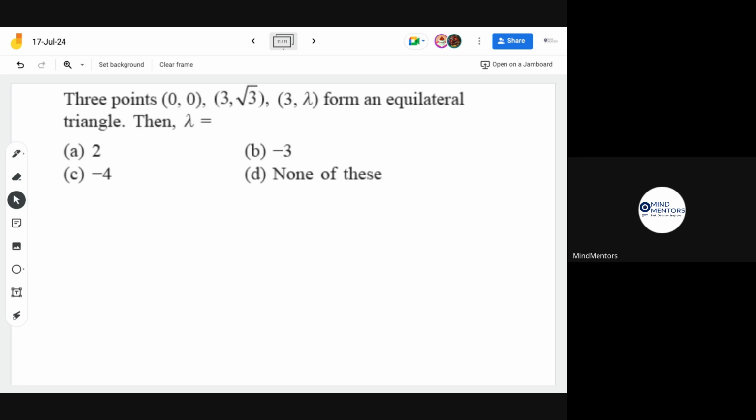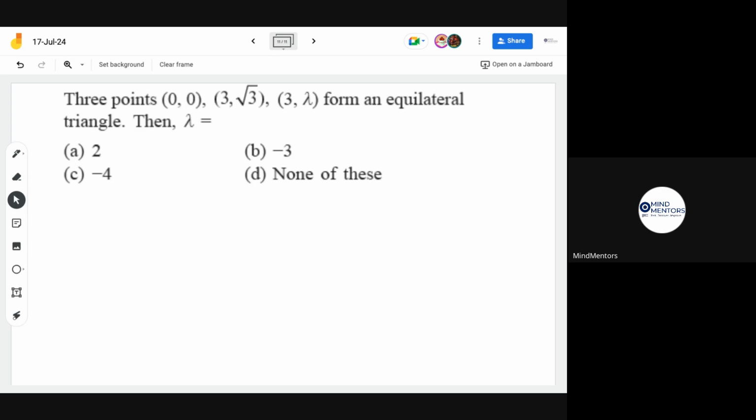All right. It's negative root 3. All right. How did you solve it? What's your answer, Aaron? Uday? Yeah, I also got minus root 3. How? First, I found the distance between 0, 0 and 3, root 3.